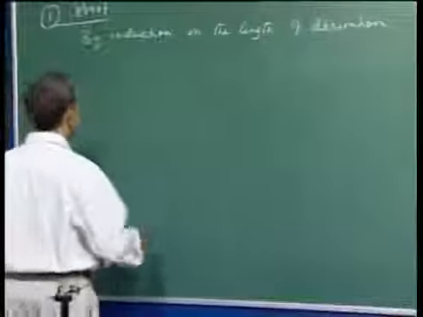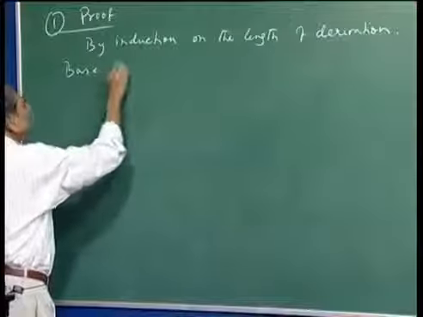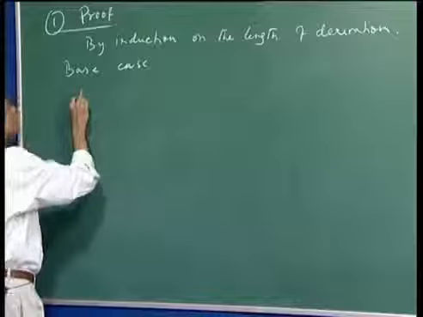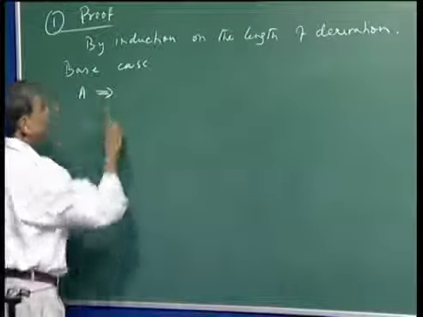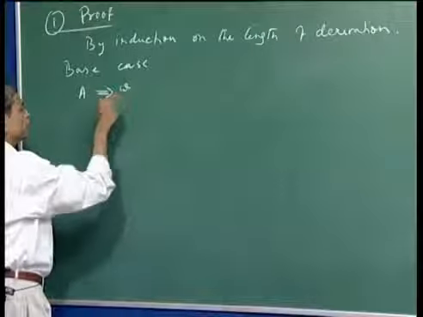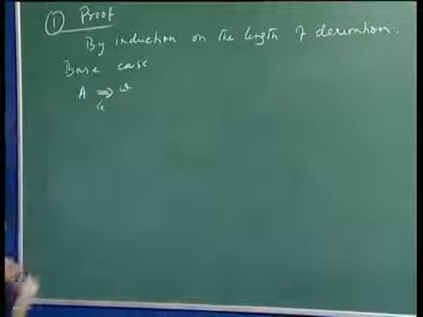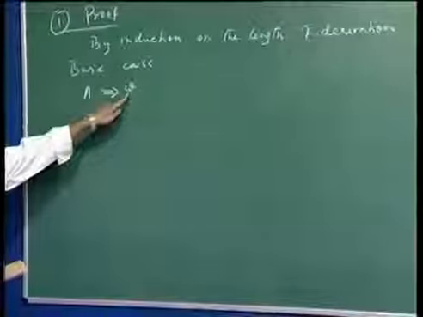So, what is the base? Base is some non-terminal A derives in one step the string W in G. What does it mean? How can you derive in one step in G the string W?